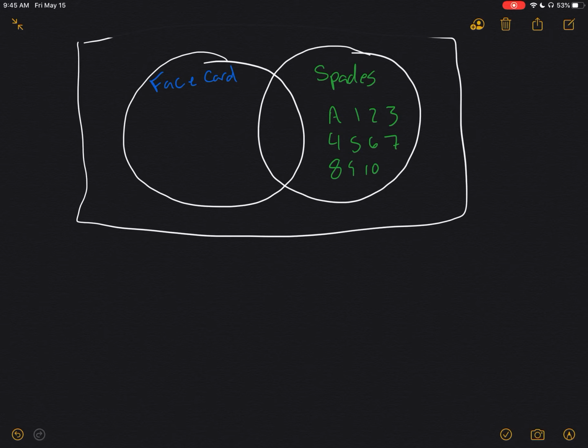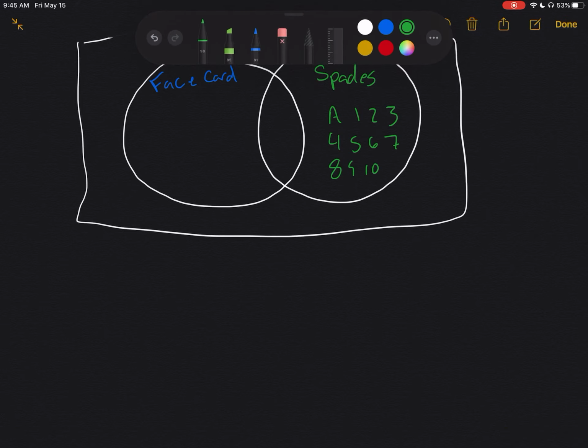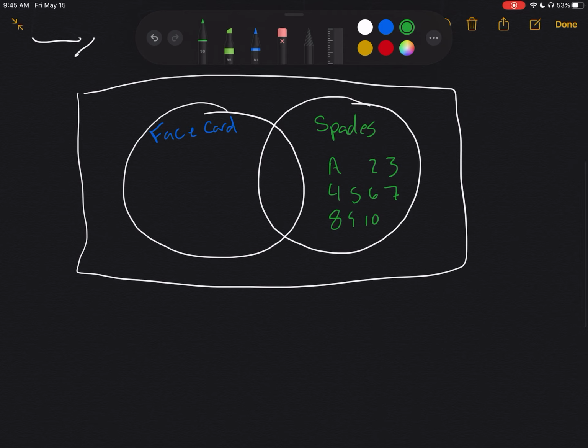Nope, not 1. Sorry, I was like, something looks wrong. There's no 1. 1 is ace. That's on me. Don't blame yourselves. All right, we also have a king, a queen, and a jack that are spades.